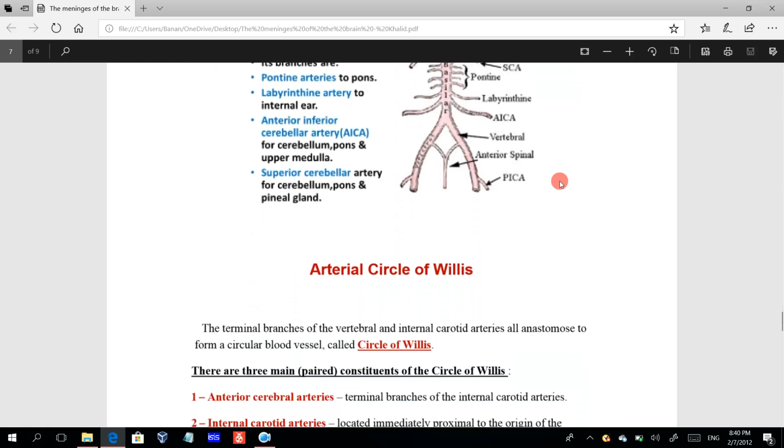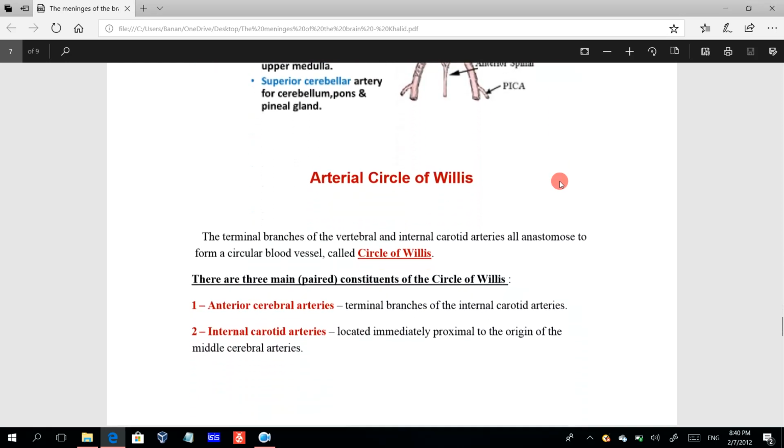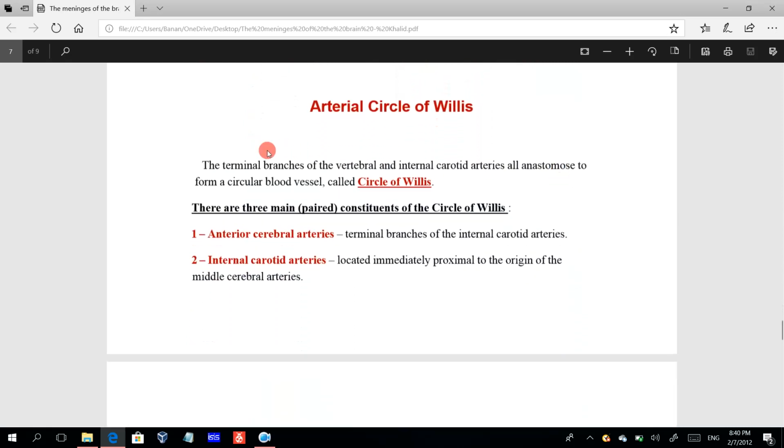Now we'll discuss and show you the picture of this arterial circle of Willis. The terminal branches of the vertebral and internal carotid arteries all anastomose to form a circular blood vessel, which is called the circle of Willis. There are three main paired constituents of the circle of Willis.